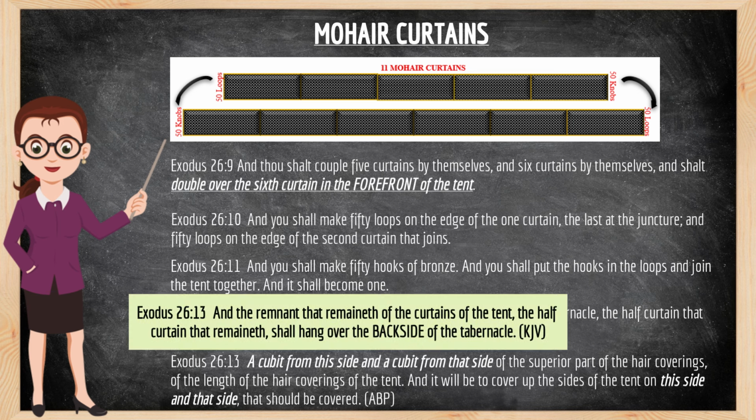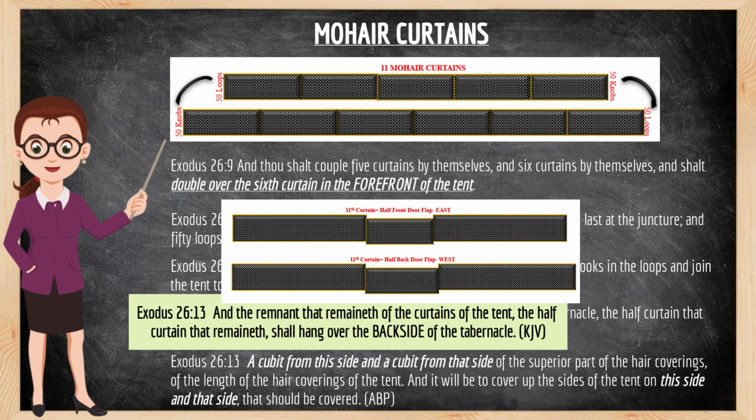And the King James Version reads, And the remnant that remaineth of the curtains of the tent, the half curtain that remaineth, shall hang over the backside of the tabernacle. So if I'm understanding this correctly, between verses 9 and 13, it is instructing us that half the length of the 11th curtain, or 15 cubits, hangs in the front as a front door flap, and half, or 15 cubits of its length, hangs in the back, again as a door flap.